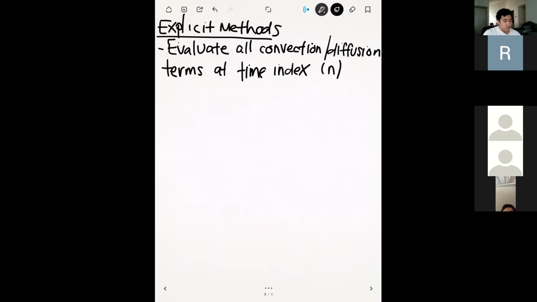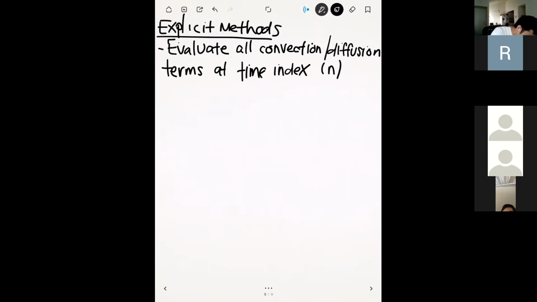Once we plug everything in, we have all those phi terms: phi sub c, e, n, all of our neighbors. To get an explicit method, you evaluate all those terms at n, and then you rearrange the equations such that you have everything with n plus 1 on the left and n on the right.